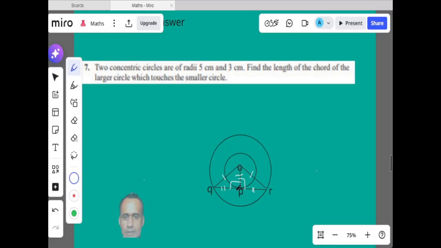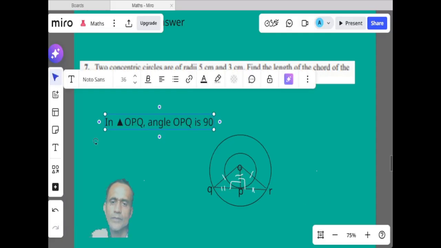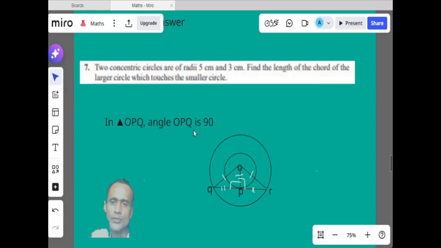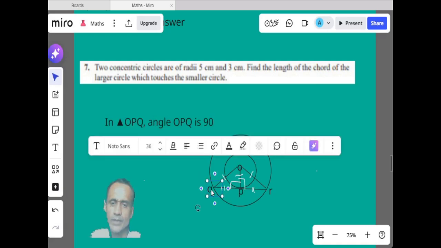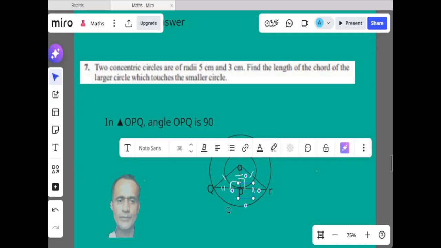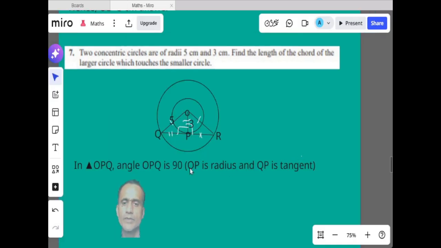So let us see first triangle OPQ, in which angle P is 90 degree. Angle OPQ is 90 degree. Sorry, I will make all these names of the vertices in bold. So why is OPQ 90 degree?